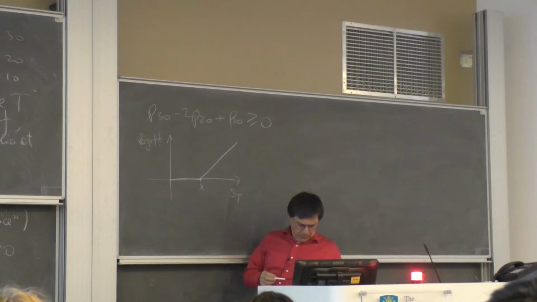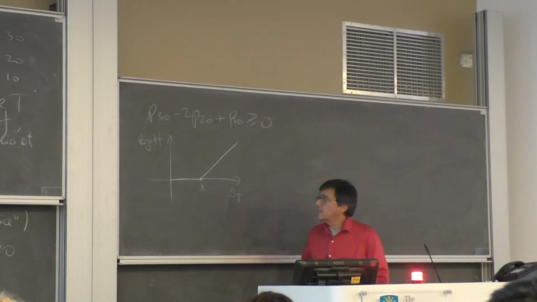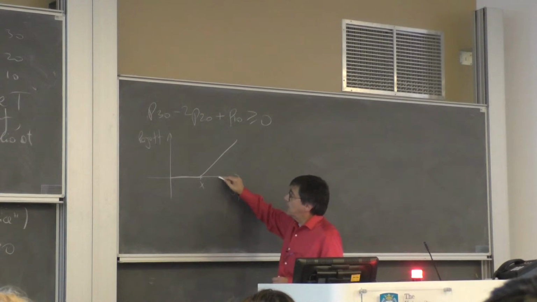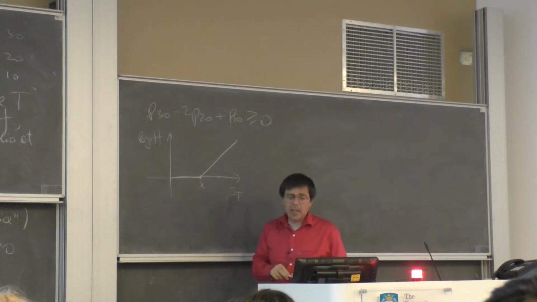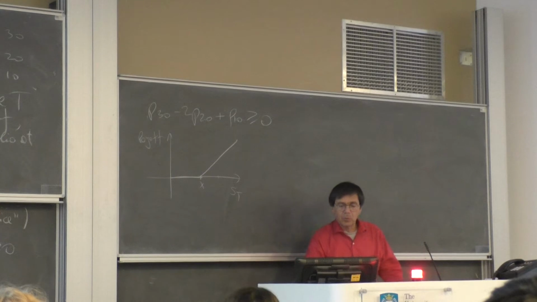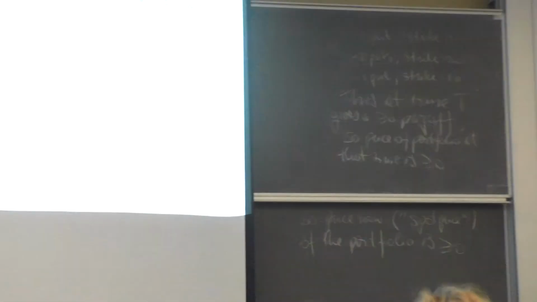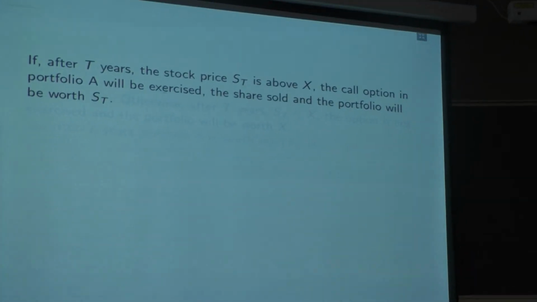We have to decide whether to exercise it or not. If the underlying asset price at expiration is above X, we're going to exercise it, otherwise we're not. So let me repeat myself: if the stock price S at time T is above X, we're going to exercise the option.